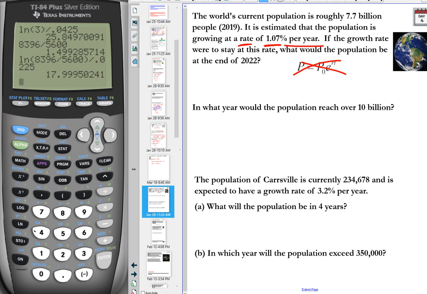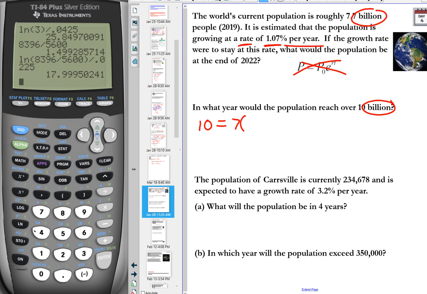Now, because the original and the final amount are in this unit of billions, we don't have to write all the zeros. How many zeros are there in a billion? 9. You could just write 10 for the final, 7 for the original, and now this is where I messed up.